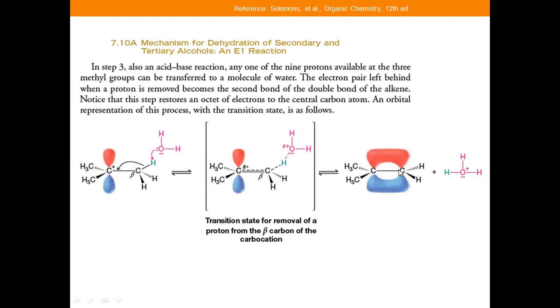And the sigma bond is a head-on overlap. It's not sideways, no? This is a sigma bond, an sp2-sp2 sigma overlap, head-on overlap.